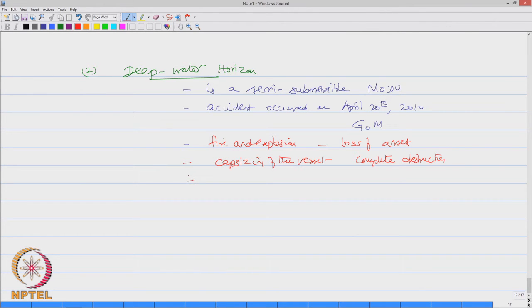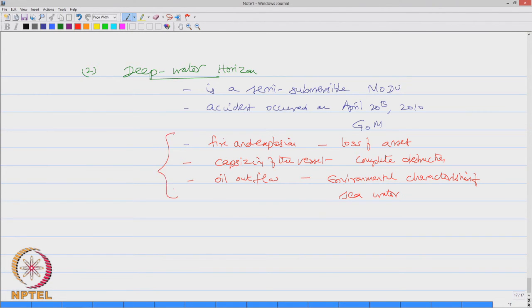It also resulted in oil outflow, which affected the environmental characteristics of sea water, which was also a punishable offence to the company.